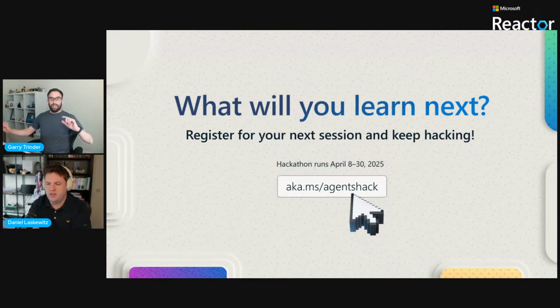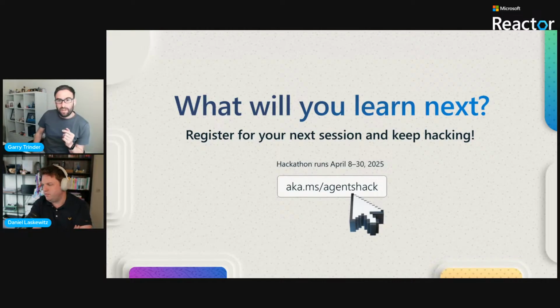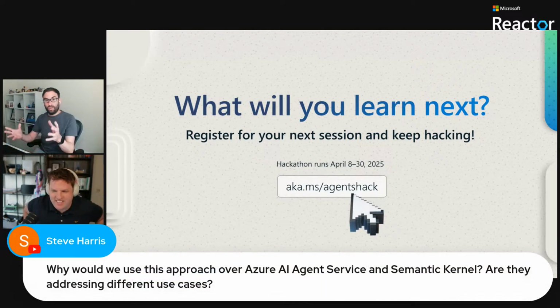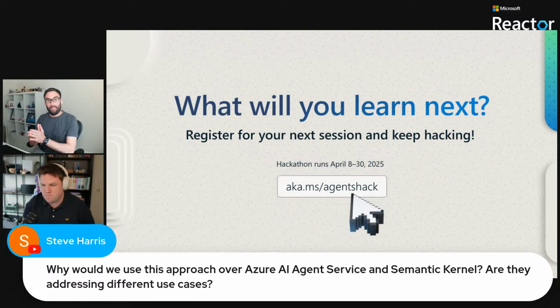So there is a good question from Steve Harris. Why would you use this approach over Azure AI Agent Service and Semantic Kernel? Are they addressing different use cases? Well, I would argue yes. There are two different ways that you can create agents. The way that we've been talking about at the moment is simply reusing what you already have.